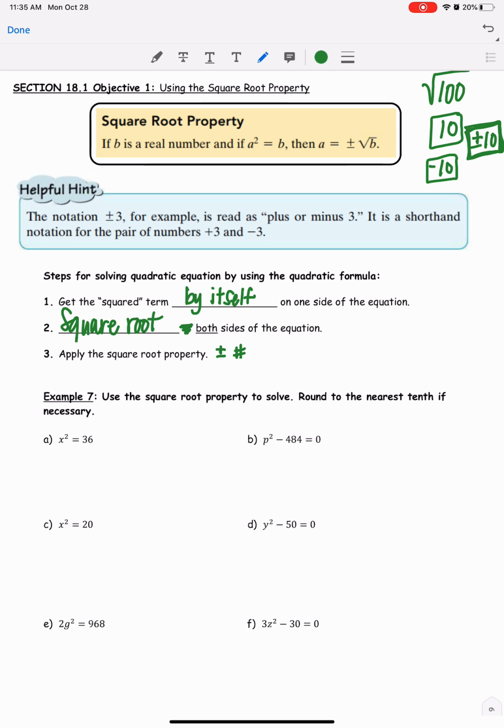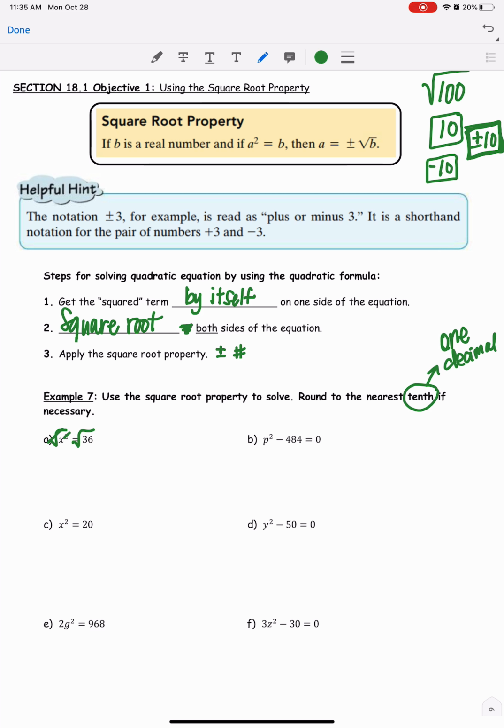So, example 7 says, use the square root property to solve. Round to the nearest tenth if necessary. Tenth means 1 decimal. On A, is it by itself? Yes, it is. So step 2, to get x by itself, the opposite of squaring x is to take the square root.